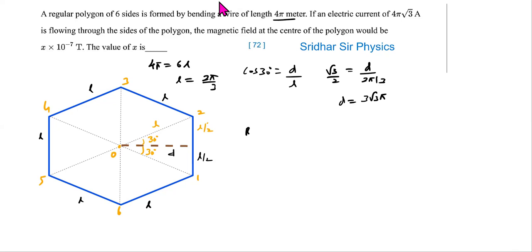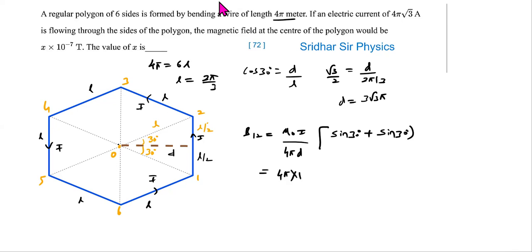Then we calculate the magnetic field due to 1 2, at point 1 and point 2. Its value is mu naught I by 4 pi d, times sin 30 degree plus sin 30 degree.